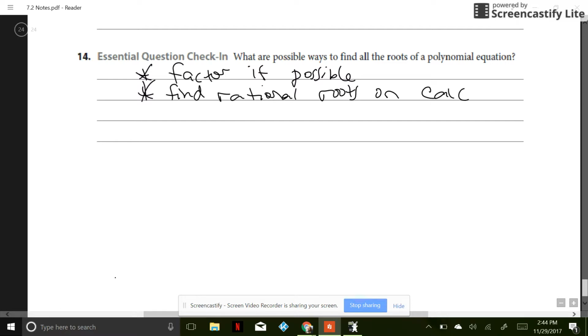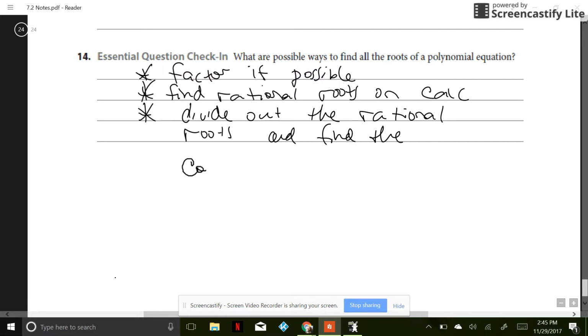And then from there, if you've got more zeros you haven't found yet, divide out the rational roots and find the complex or imaginary roots with the quadratic formula.